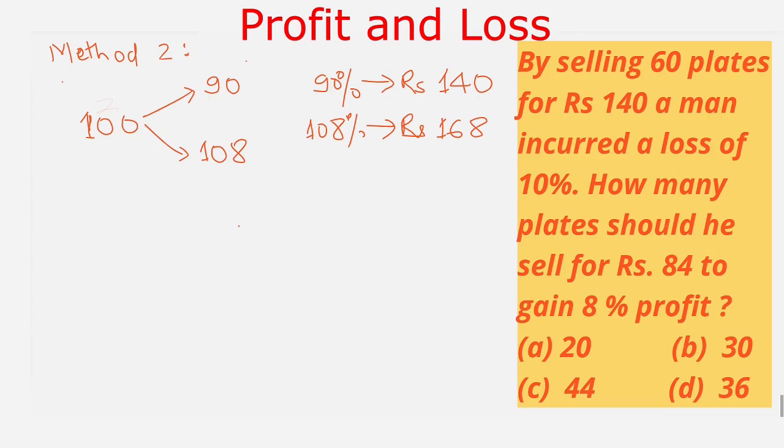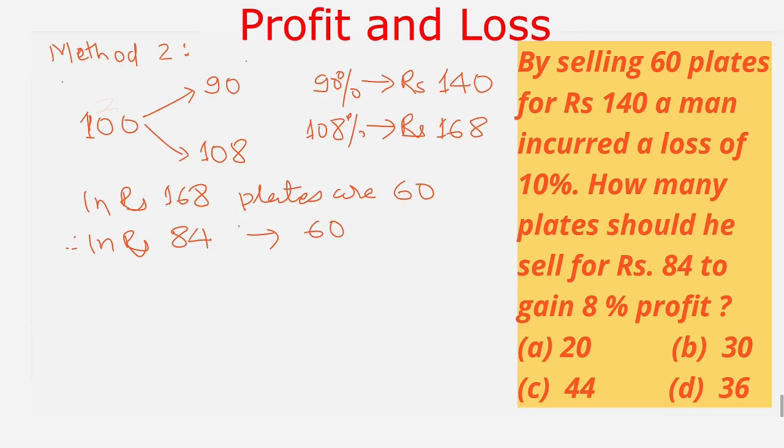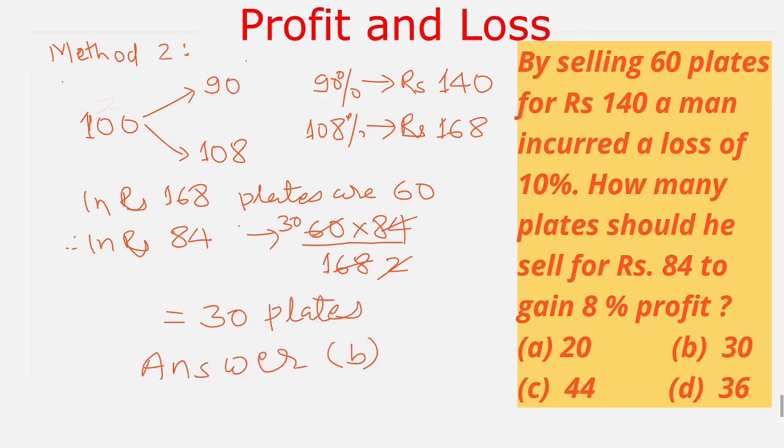We can solve it easily now. In rupees 168, the plates are 60 and we have to find the number of plates in rupees 84. So this is 60 multiplied by 84 divided by 168. 84 divides 168 for 2 times and 2 divides 60 for 30 times. So this is equal to 30 plates. And from the given options, our answer is option B.